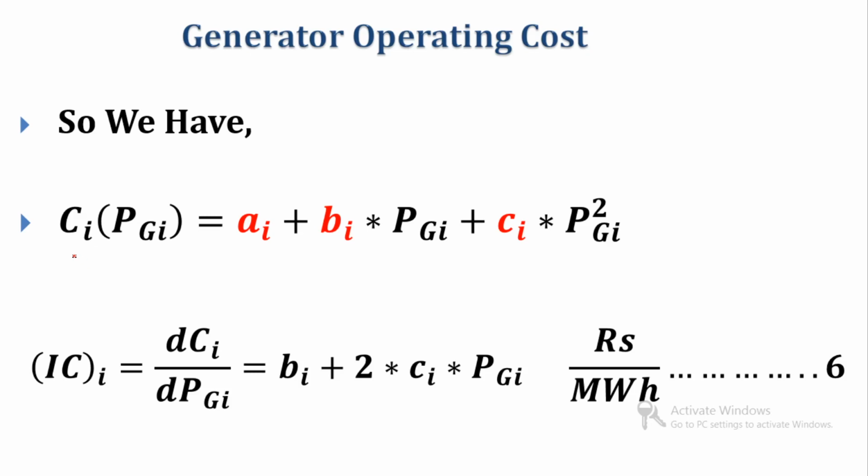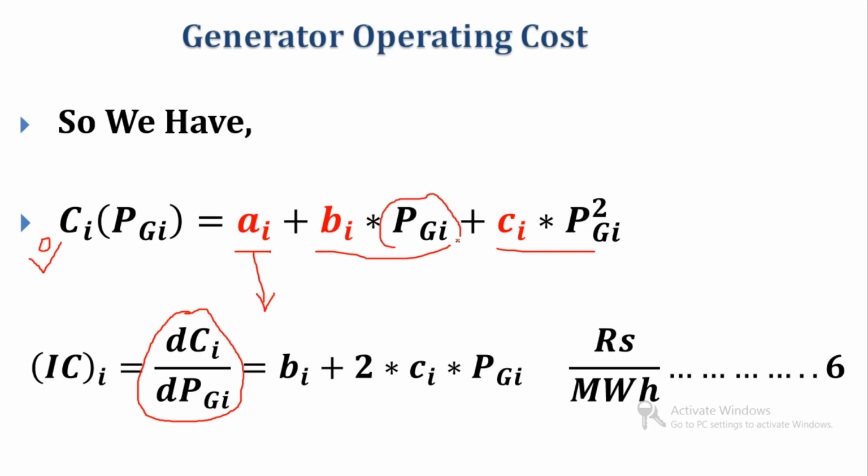So I can take the first order differentiation of this equation, Ci of Pgi equal to Ai plus Bi into Pgi plus Ci into Pgi square. I will differentiate with respect to Pgi. Ai is constant, so its differentiation is 0.